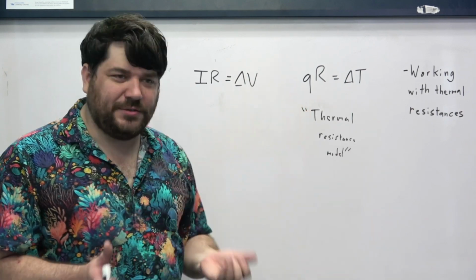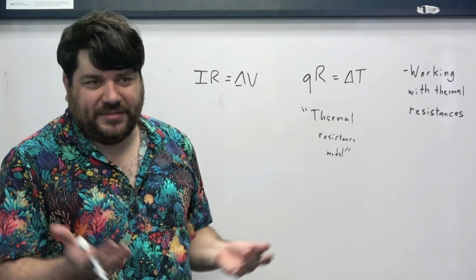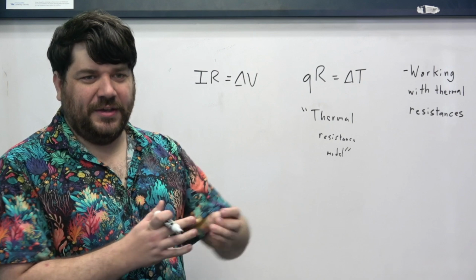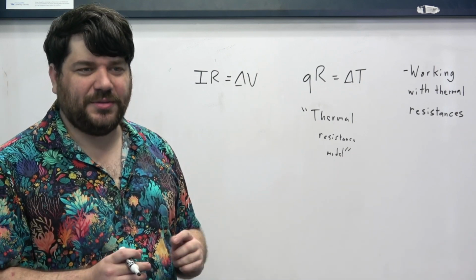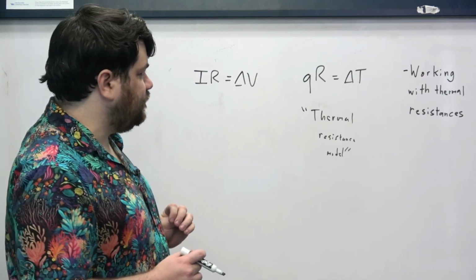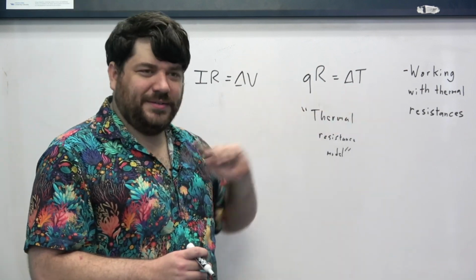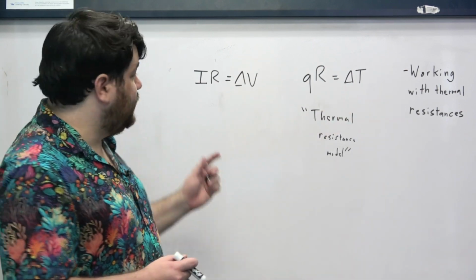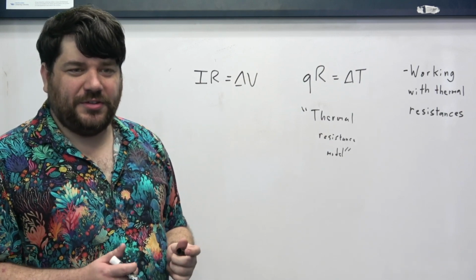We think of the heat transfer rate as a thermal current, right? It's, in fact, kind of true, right? It's this movement of thermal energy in one dimension, under the assumptions we talked about, this movement of thermal energy inside of our system. That movement of thermal energy occurs as a result of a difference in temperatures in the same way that a current occurs as the result of a difference in voltages.